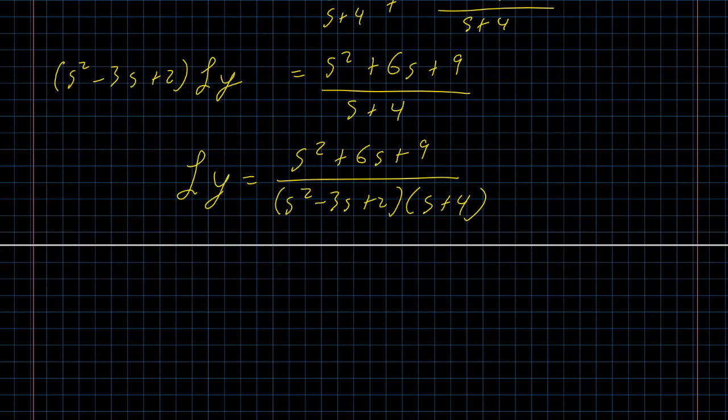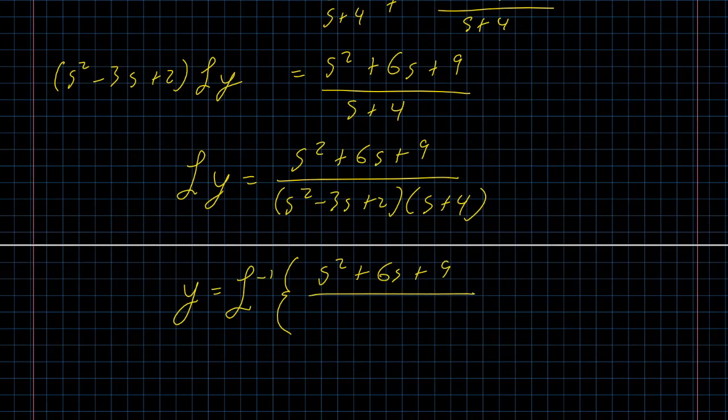So all that's left to do is figure out what function gives us this when we take the Laplace transform. Or in other words, y itself is the inverse Laplace transform of this fraction: s squared plus 6s plus 9 all over s squared minus 3s plus 2 times s plus 4.